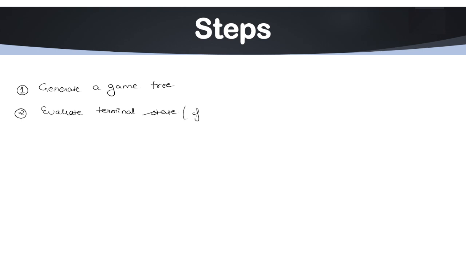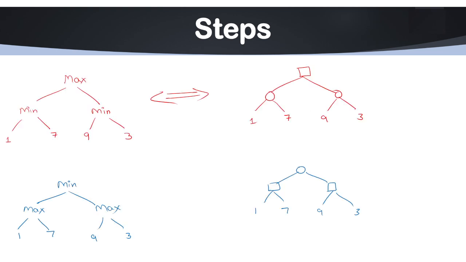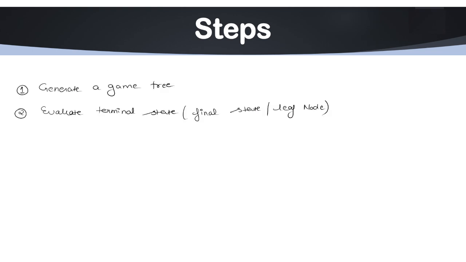Here terminal state means the final state, that is your leaf node. If I take this example, so this is your root node and all these are your leaf nodes. Alright. Another step is to propagate the utility value upward.